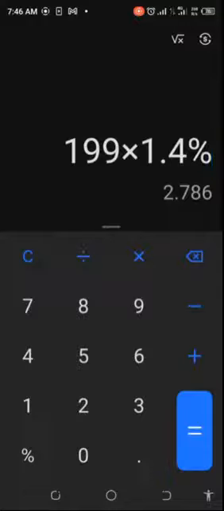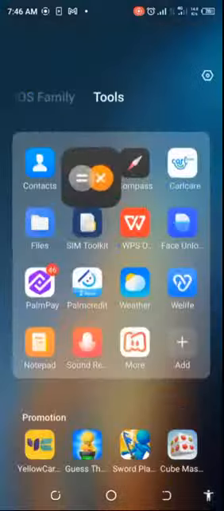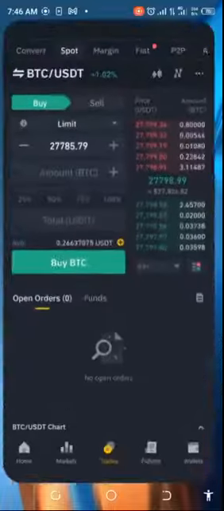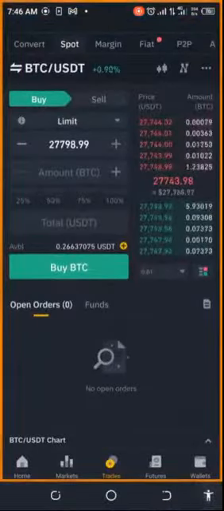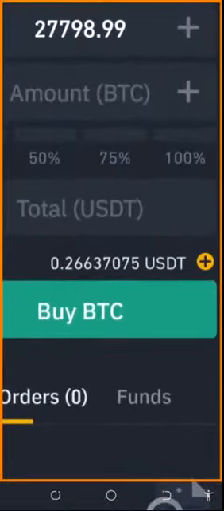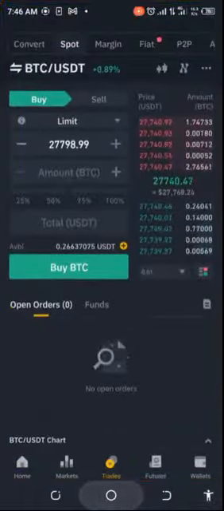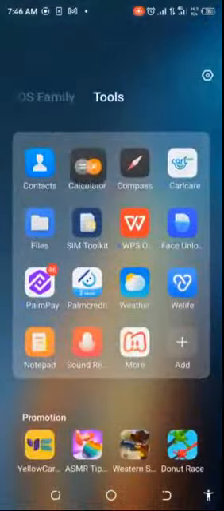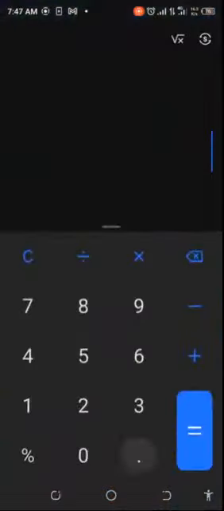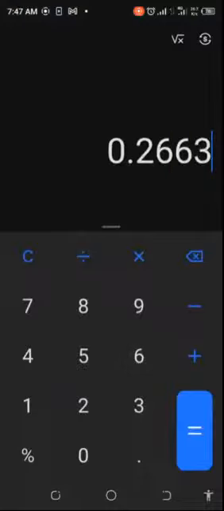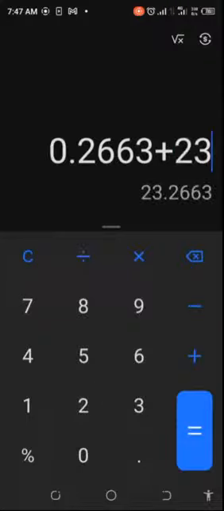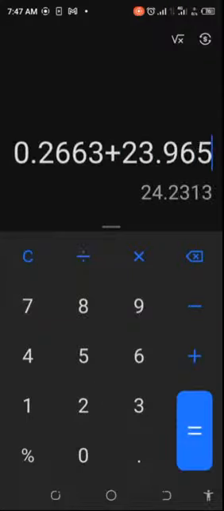So let's now go back to the global amount. The global amount really is, we have to add what we've made, plus what is in Binance. So what do we have left in Binance? We have 0.2663. So let's add that to our 23.9658.